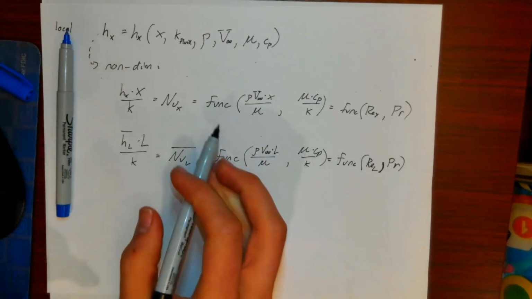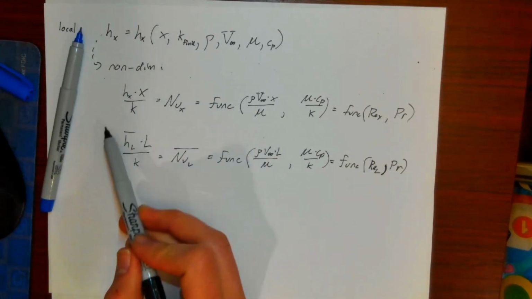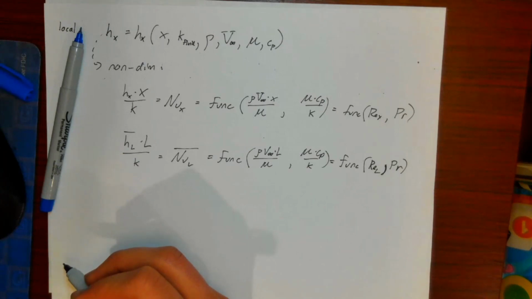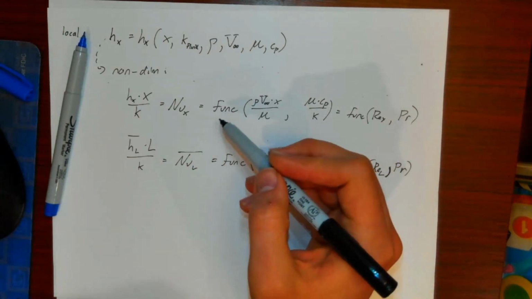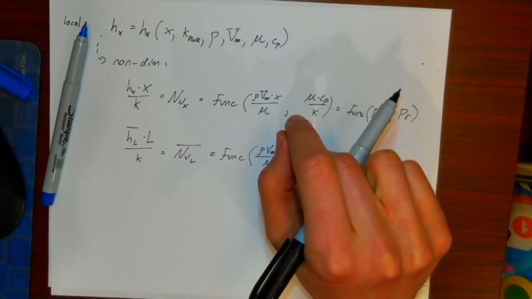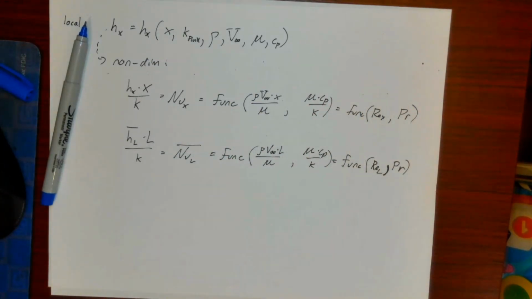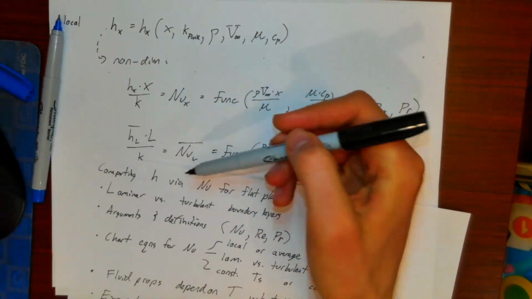It turns out that people did a whole bunch of experiments to characterize both local and average Nusselt numbers. Rather than trying to break out one function for them all, they said, let's break this up into a bunch of domains, the domains we talked about earlier. Are we talking about a local versus average Nusselt number?